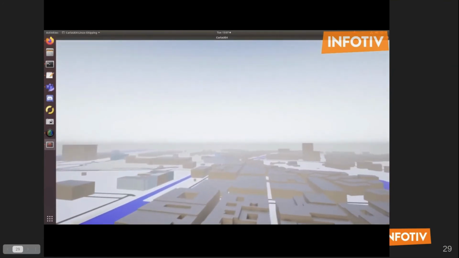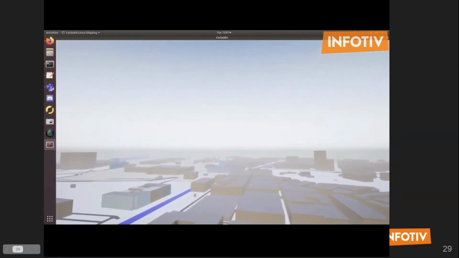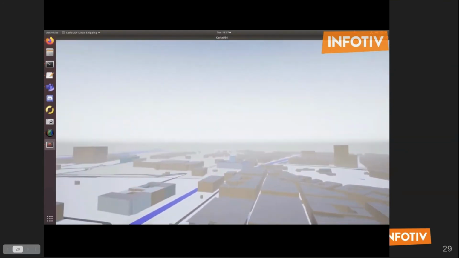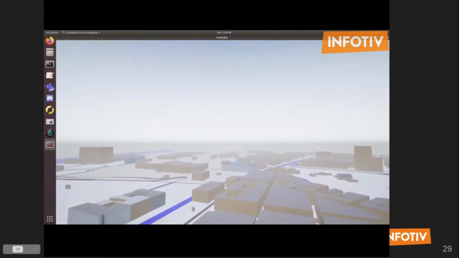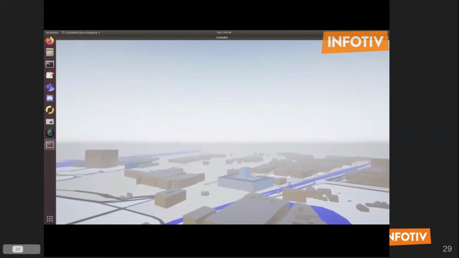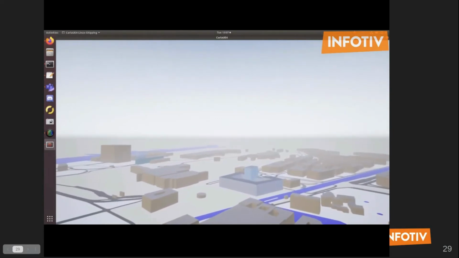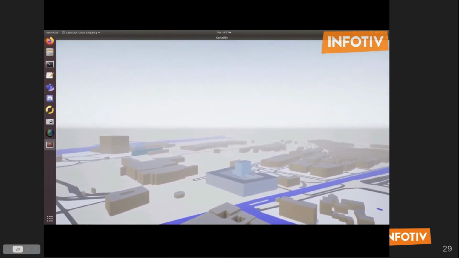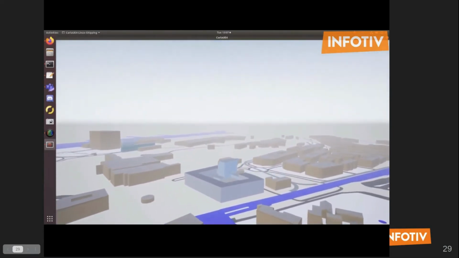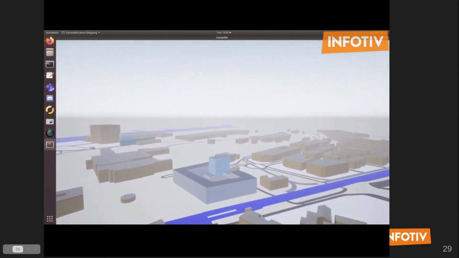This model is extracted from OpenStreetMap. Basically, we haven't done much. The roads are as described in OpenStreetMap, and the description and shape of some of the buildings are also extracted from OpenStreetMap.